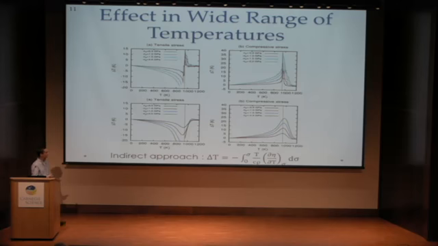Now, we wanted to compare this directly to the indirect approach, which was discussed in the last talk. For our case, the piezocaloric effect is given by this equation here, so we can just numerically integrate it. What we see is that the trend generally agrees, but the big difference is the magnitudes. The indirect approach, if we look at the compressive stress here, only gets up to about 20 Kelvin.